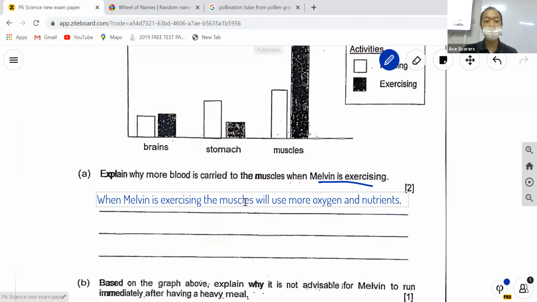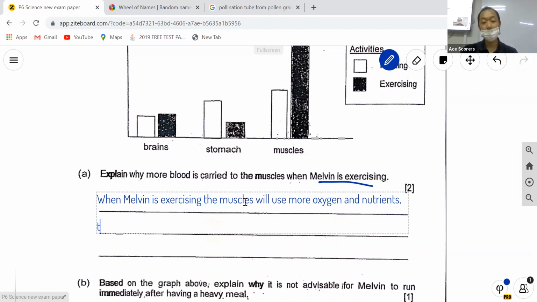But you see, we still haven't explained why more blood is carried. We already said the muscle will use more oxygen and nutrients.